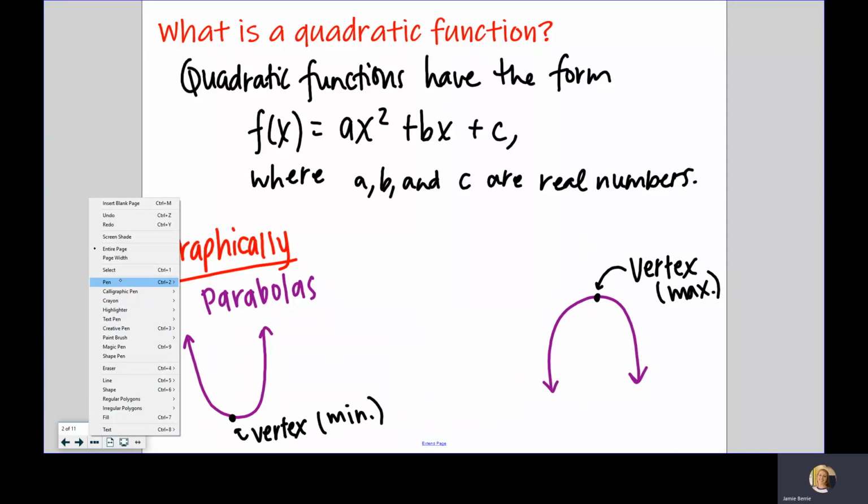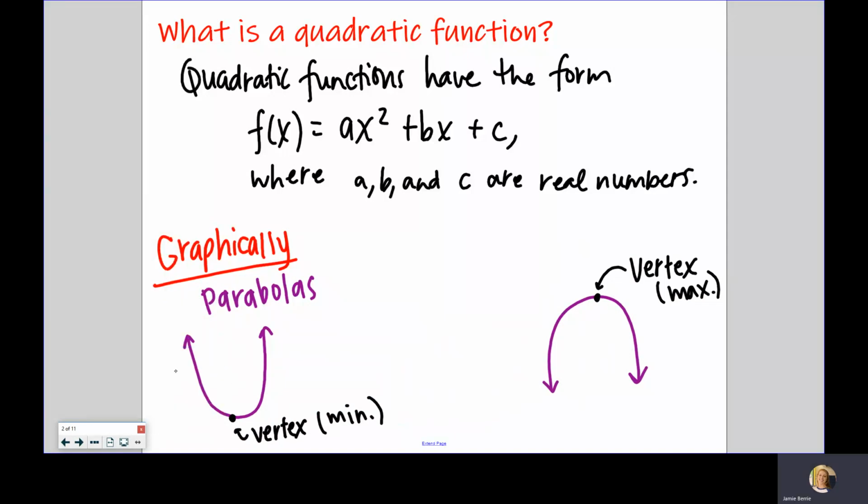The last thing I wanted to tell you about the graph is that you can figure out if your graph is going to look concave up or concave down by the value of a. If a is greater than 0, then your parabola will be concave up.